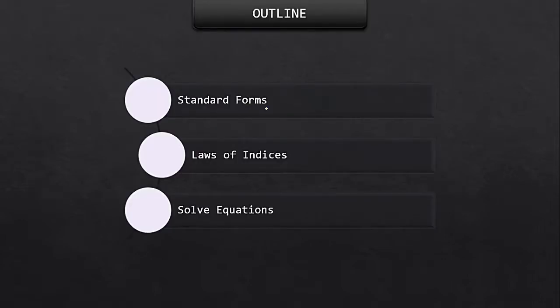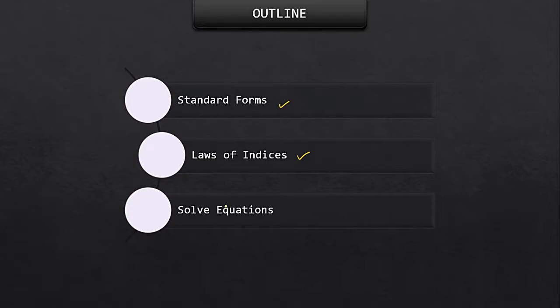And here's the outline of what we are going to learn by the end of this topic. We are going to learn standard forms. Standard forms is just like expressing numbers in indices, maybe in power forms. Then the laws of indices, because indices have rules for how we deal with them in particular situations.